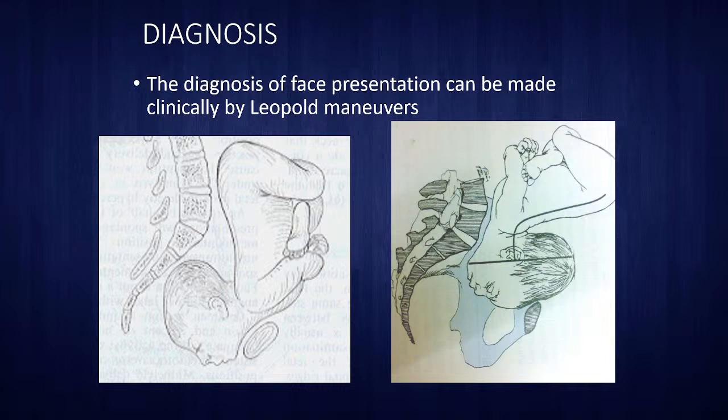So, how to diagnose it? Again by abdominal palpation, you can see the fetal head or the occiput is more close towards the fetal back. If you palpate it from the front, the fetal occiput is more close to the fetal back.